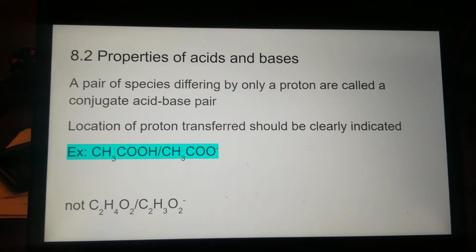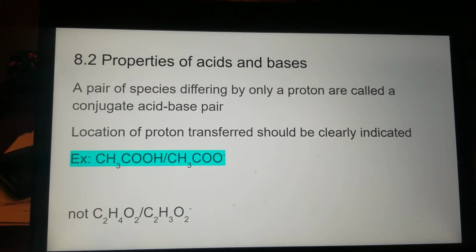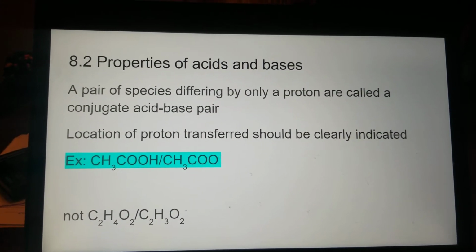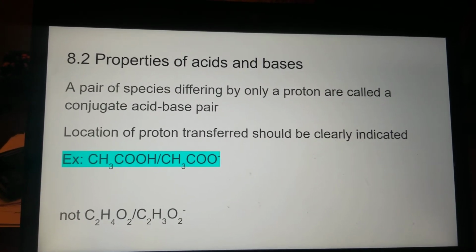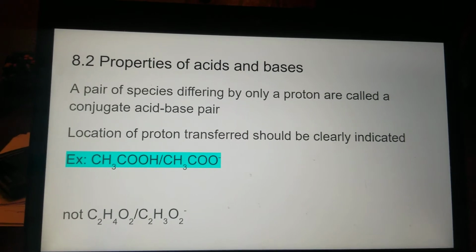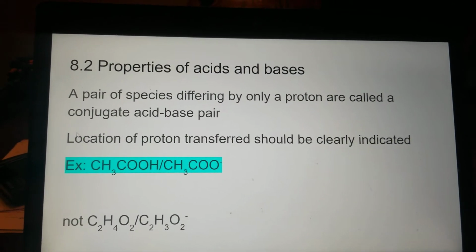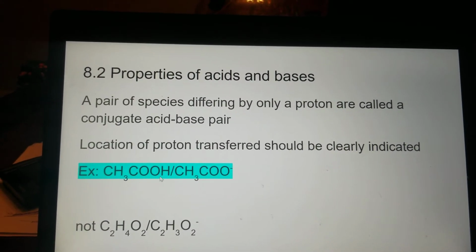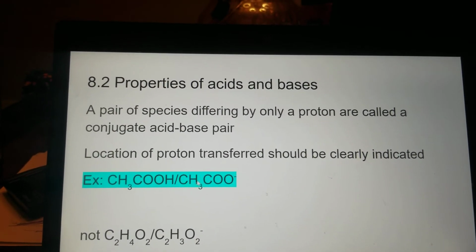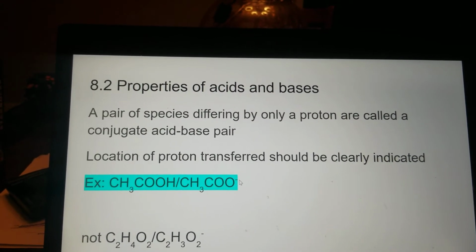The second one is incorrect. The second one does not show which hydrogen is being transferred. Therefore, that would be an incorrect way to show a conjugate acid-base pair. Again, here you can see CH3COOH, and then the base pair is CH3COO minus.